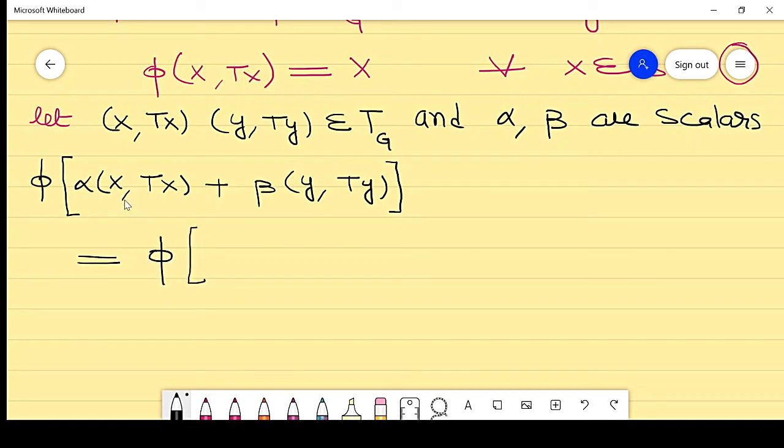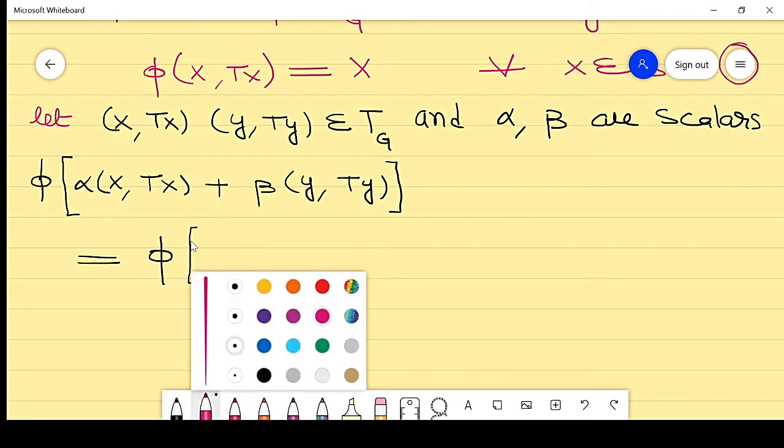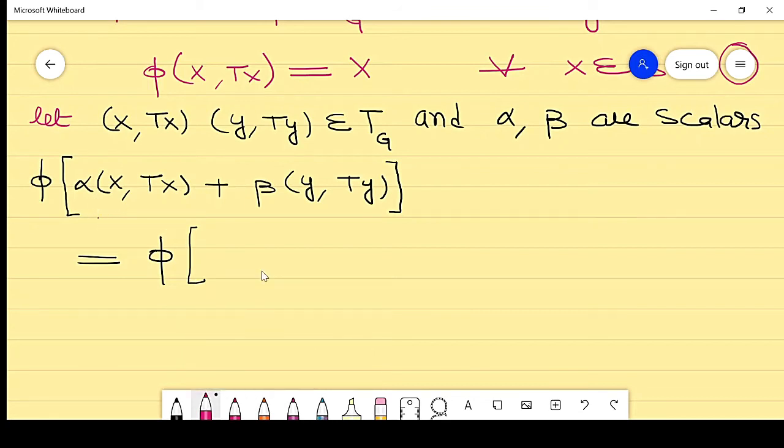Here I used scalar multiplication, so just note each step. It will be (alpha x, alpha Tx) plus (beta y, beta Ty).